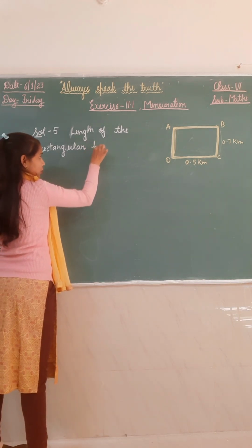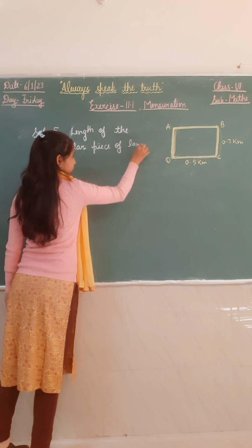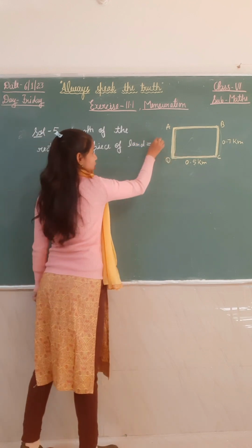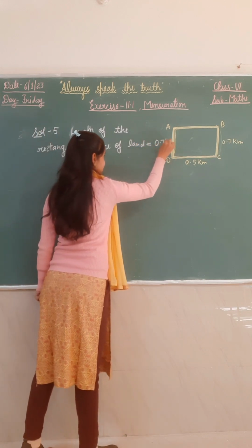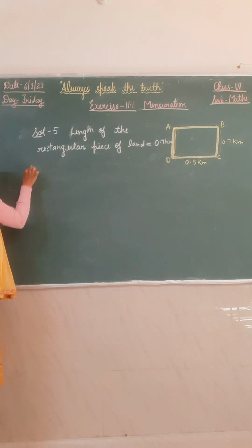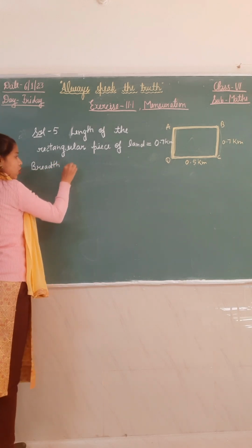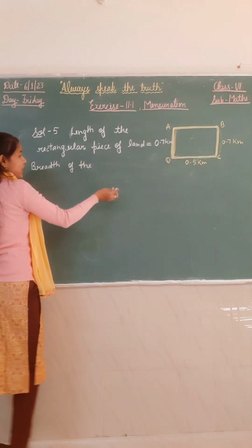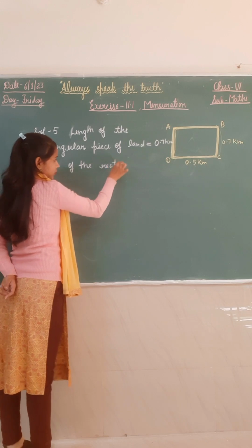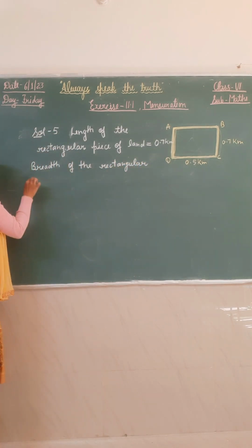Length is 0.7 kilometer. Now the breadth of the rectangular piece of land. B-R-E-A-D-T-H. Breadth of the rectangular piece of land.